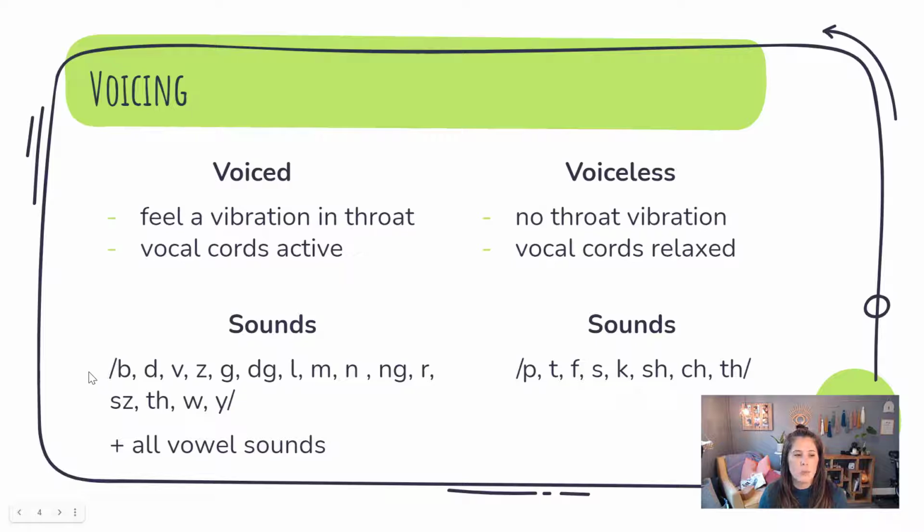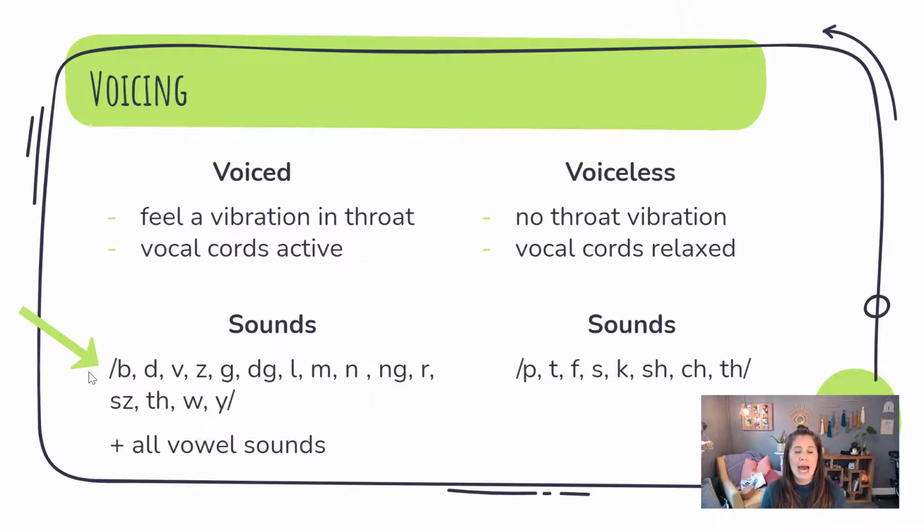So go ahead and touch your throat right here and repeat after me as we say the sounds down below. B, D, V, Z, G, J, L, M, N, J, V, W, Y, and all of the vowel sounds.